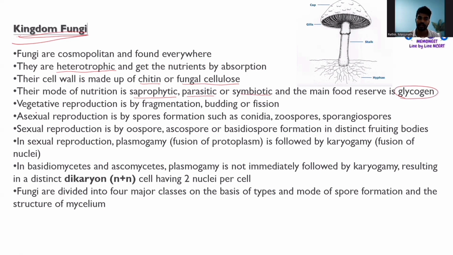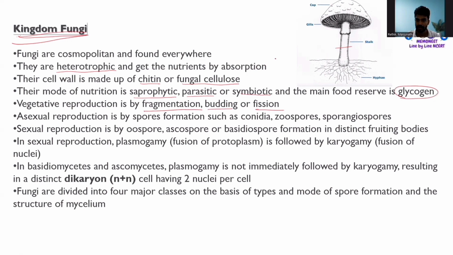They normally have vegetative, asexual, and sexual modes of reproduction. Vegetative reproduction is by fragmentation, budding, or fission. Fragmentation is when the body is cut, and both pieces grow again as individuals.